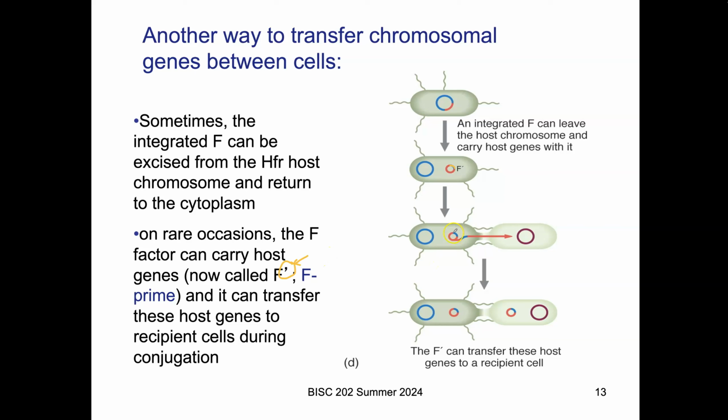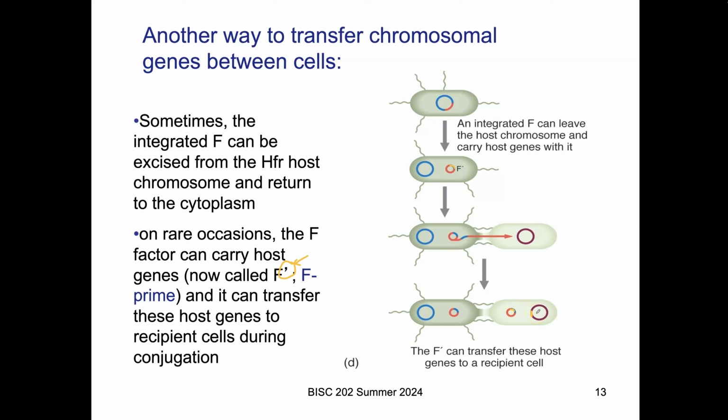There are bacterial chromosome genes on here, and they can now be transferred along with the plasmid into a recipient cell. What that means is that the genes on the plasmid, and there will be corresponding genes somewhere on the bacterial chromosome, this is kind of like being a diploid.